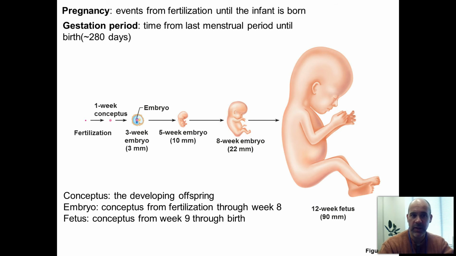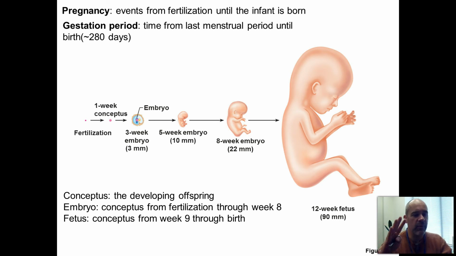Then ovulation takes place around day 14, and as we'll see, the secondary oocyte that gets released out of an ovary has to be fertilized by a sperm very quickly. So it's going to happen within about 24 hours or so after ovulation takes place. So keep that in mind.